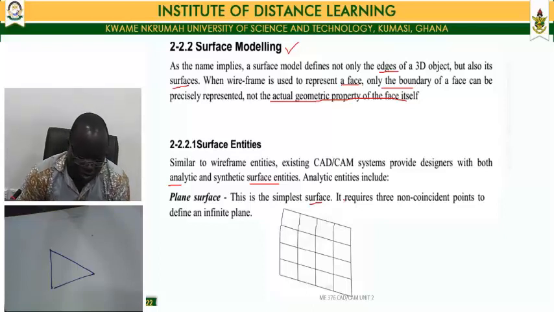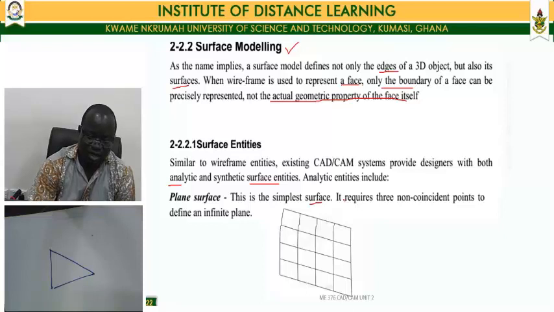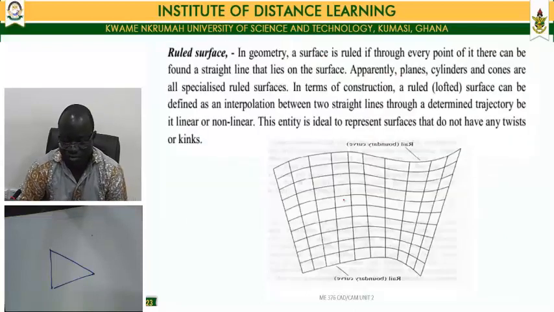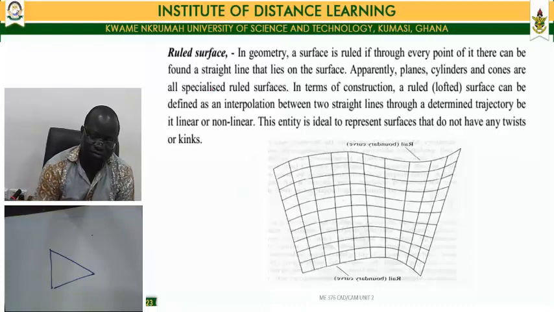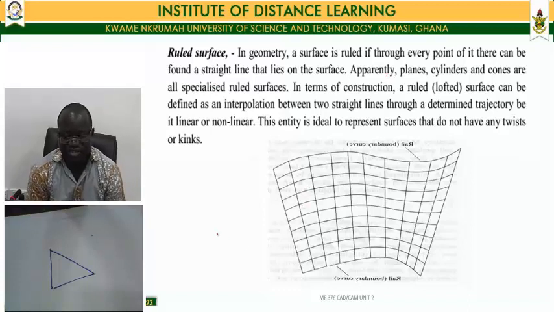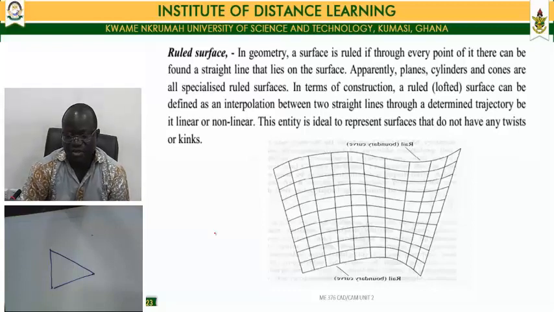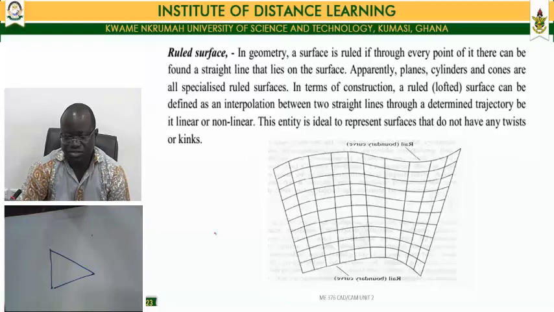Then we have what we call a ruled surface. Now, a ruled surface in geometry, when we say a surface is a ruled surface, then it means that through every point on the surface, if we can find a straight line that lies on the surface, then we can call it a ruled surface.